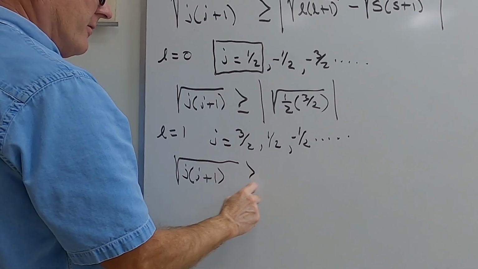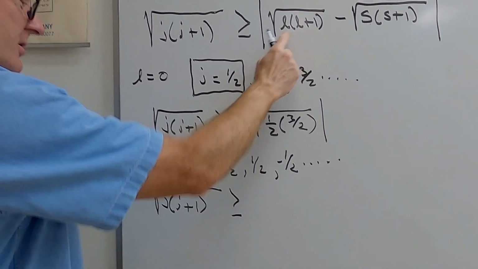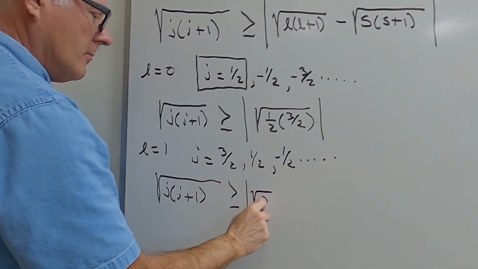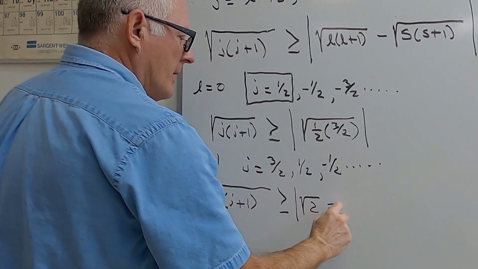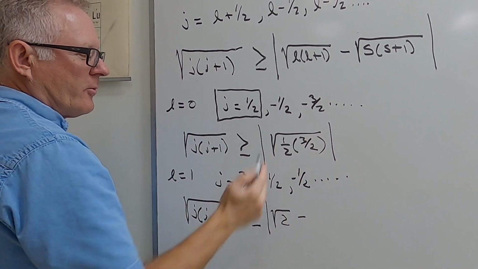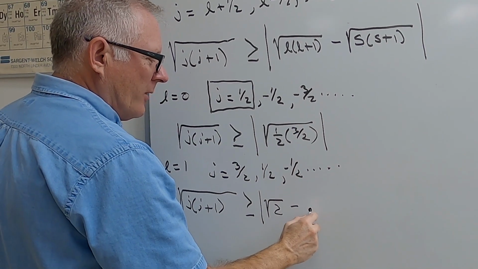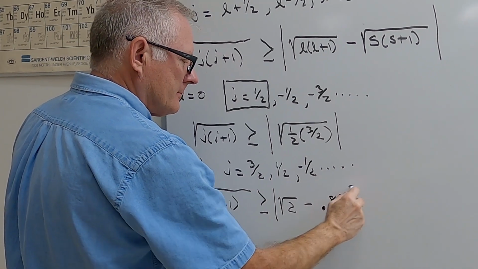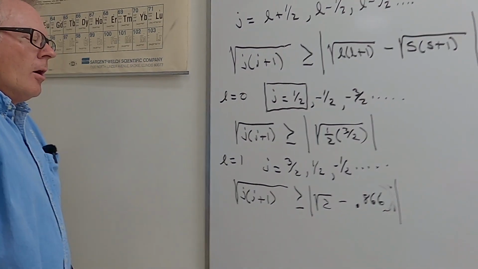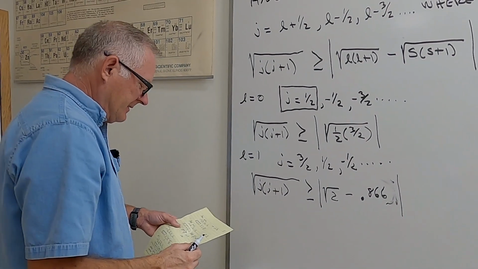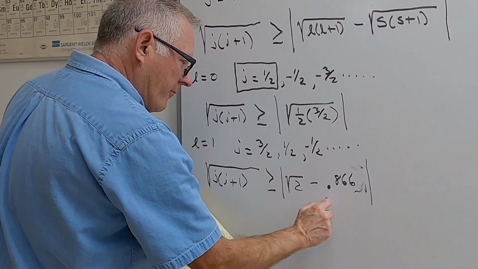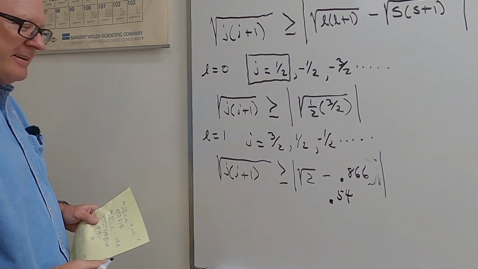It's got to be greater than or equal to, well, L is 1, so that would be 1 times 2, square root of 2, minus, that's 1/2 times 3/2, which is the square root of 3 over 2, which is 0.866 magnitude right there. Okay, well, what is this thing right here? If you subtract that out, that's 0.54, after you take the magnitude of that.